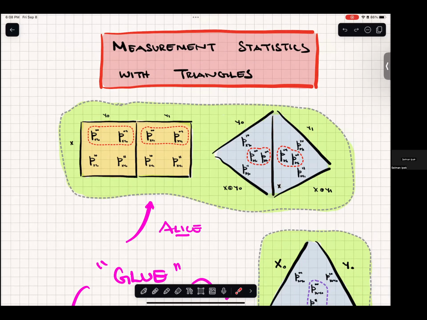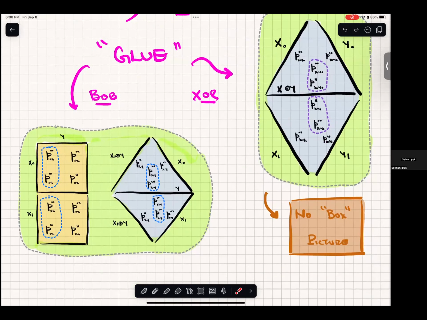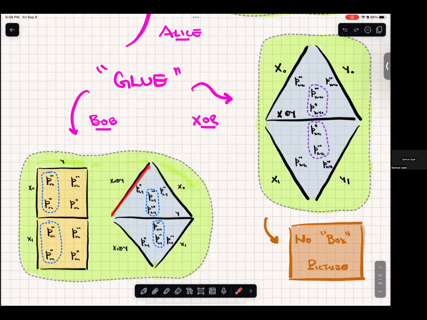And the numbers that sum up in these red circles over here will just be given by these sums. Remember, you take the middle one and sum it with the one that's closest to the edge that you want. We could do the same thing for Bob. Bob has one measurement, Alice has two. And this time you just glue along the y edge instead of the x edge. And of course, in each of these, you have these XORs.